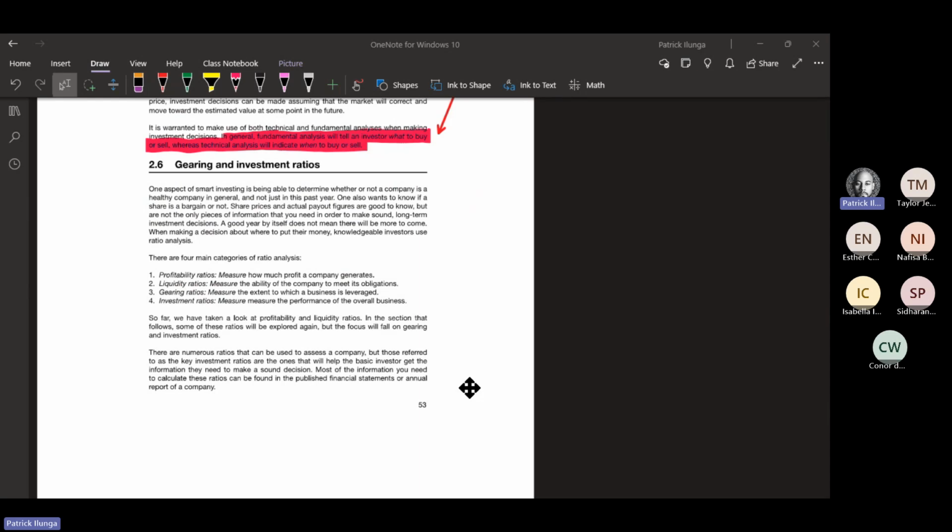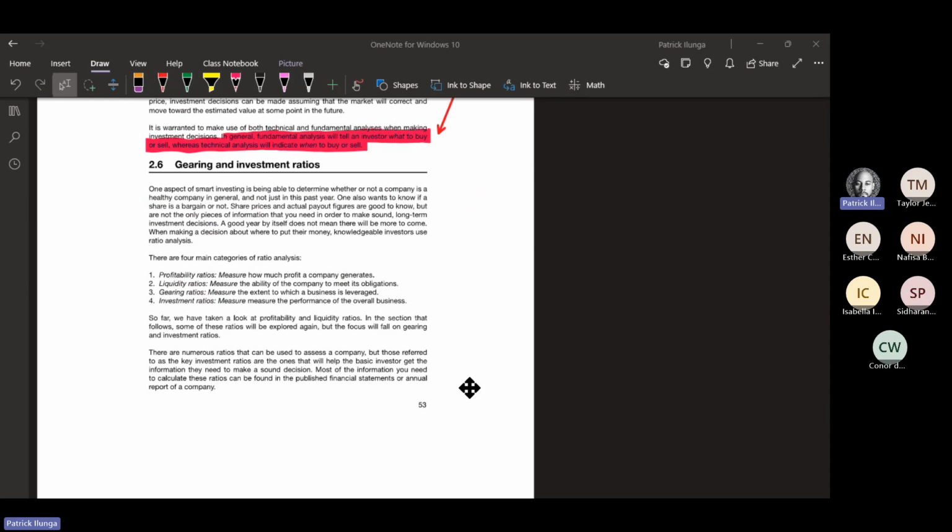When you are running a business for profit, a not-for-profit organization is something different, right? But for a for-profit organization or business, the profitability ratio is one of the key ratios.